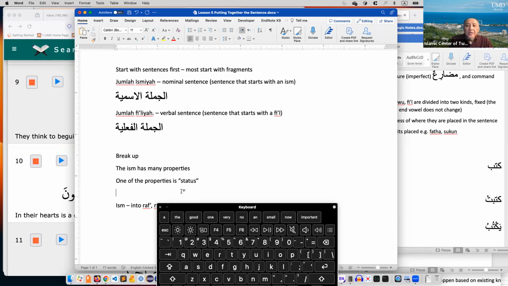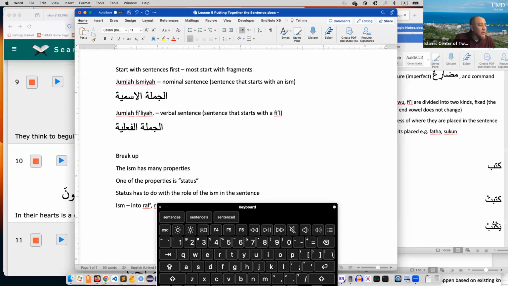Okay, call it status. So the status has to do with the role of the isim in the sentence. Now, what are the roles of the isim in a sentence?